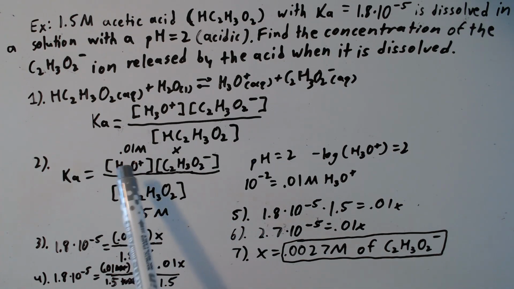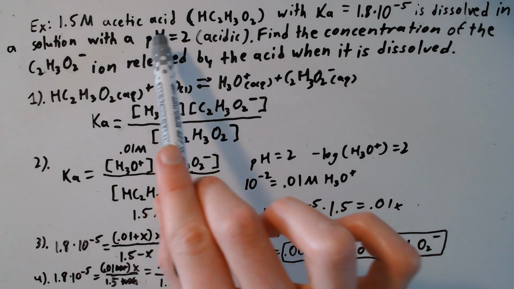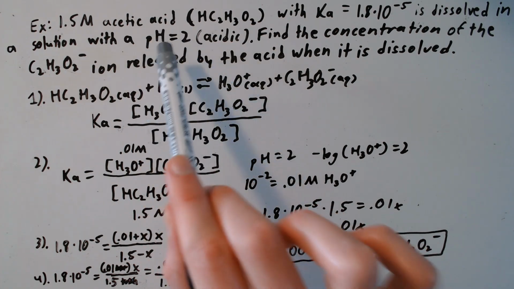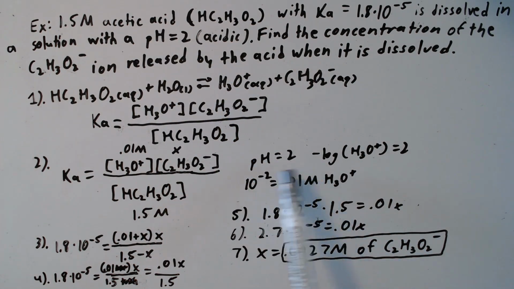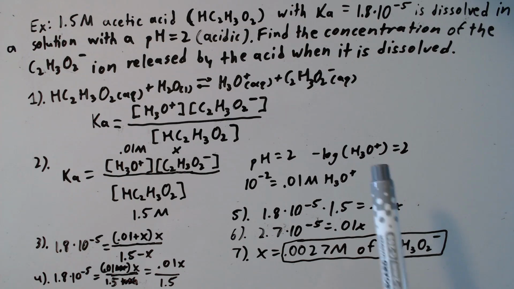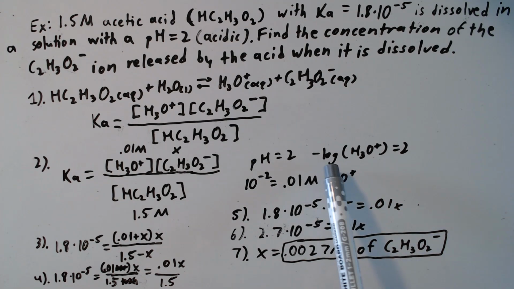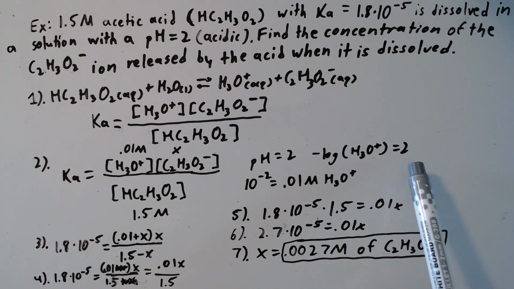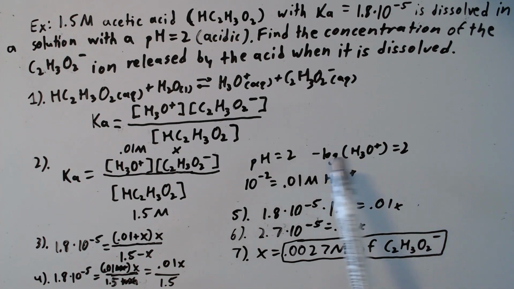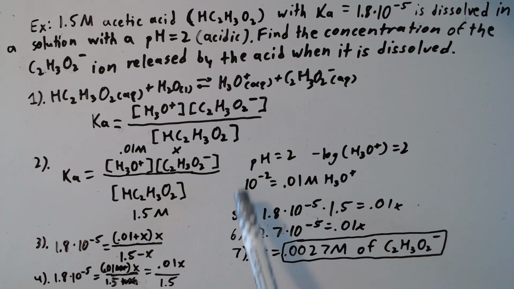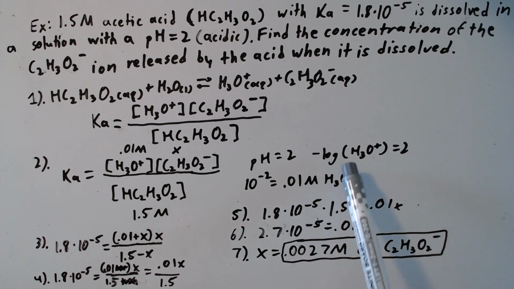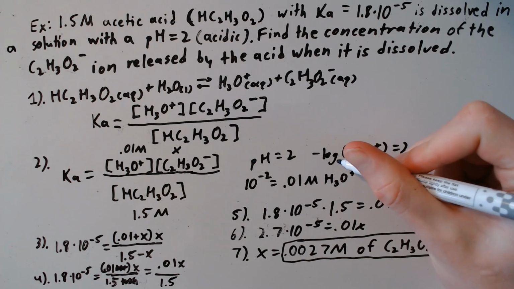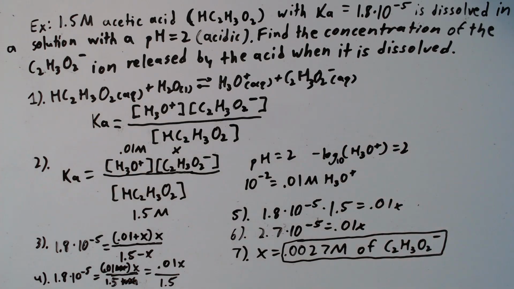To find the concentration of H3O+ present at a pH of 2 initially, we use our pH equation: negative log of the concentration of H3O+ equals 2, the pH. In order to solve this logarithm, we take 10 to the negative second power, because this logarithm has a base of 10. It's like a hidden little thing right here, but it's actually a base of 10.